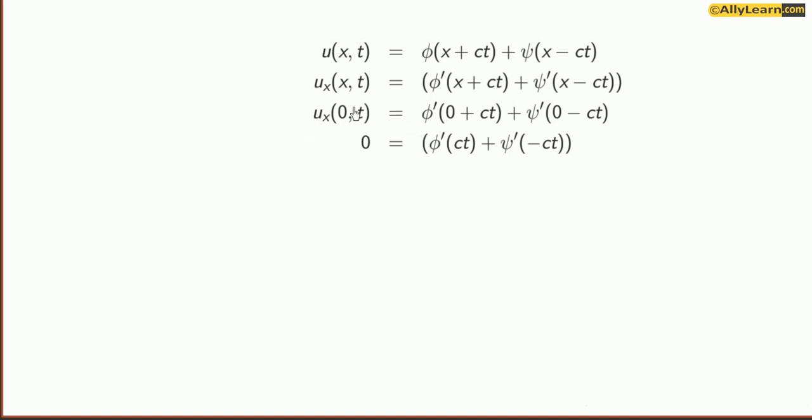Since I know that my free end condition was that u_x(0,t) equals 0, I have put this 0 instead of u_x(0,t). So this is the expression I have got after making use of the free end condition. Now friends, the aim of using this condition is to get the value of psi of x minus ct.